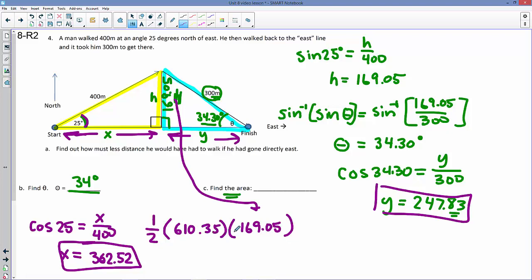Okay, so I'm going to multiply 1/2 times that, and then times 169.05 to get the final area, which is huge, 51,590.1. And of course, there are meters, so we're going to put meters squared. Very important to put meters squared, right? So that's the area. Meters squared because they gave us meters in the problem, so be ready for that.